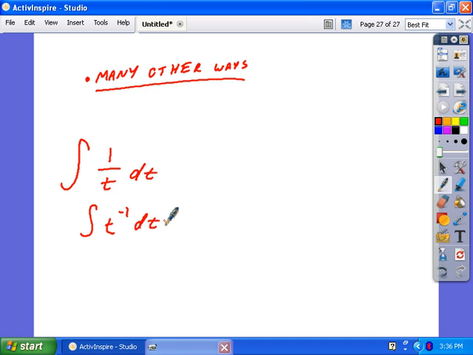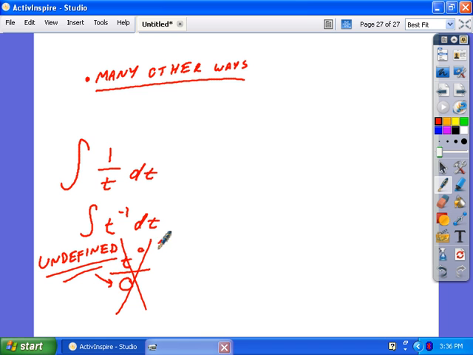If I solve in the same exact way that I had before, negative 1 plus 1 is t to the 0, and I divide by my new exponent. Well, as soon as you have a 0 on the bottom, that makes it undefined. If it's undefined, it does not exist. Therefore, we can't have this.